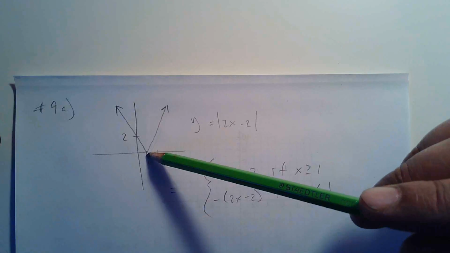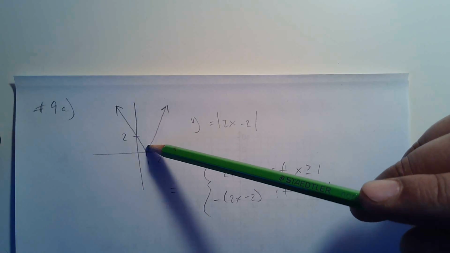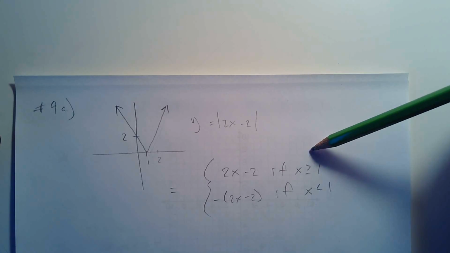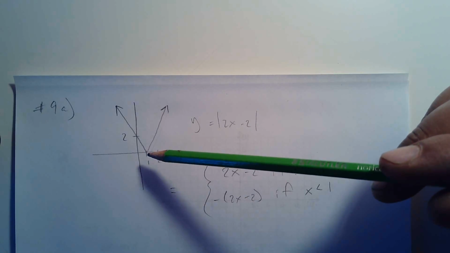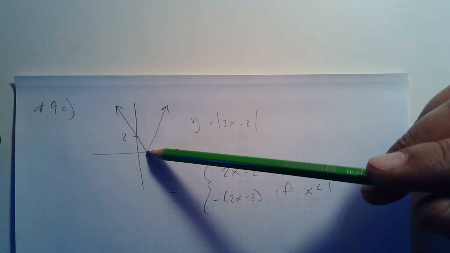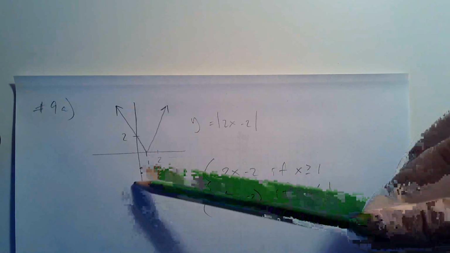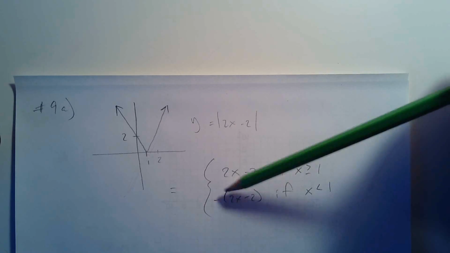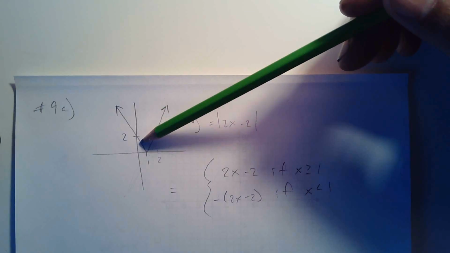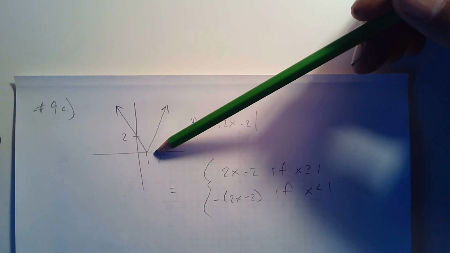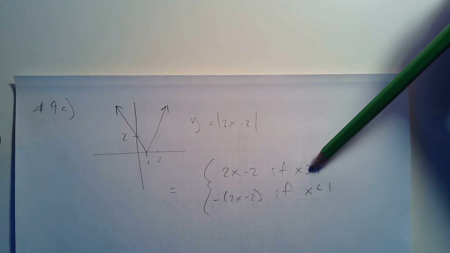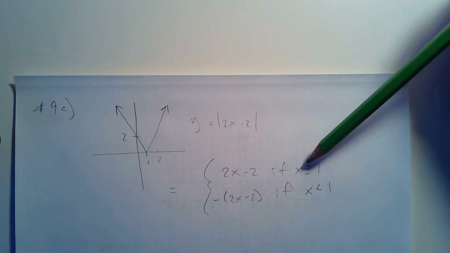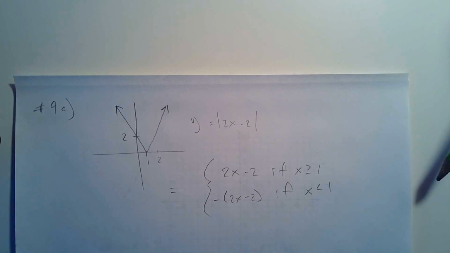So what we're saying is this part of it is valid so long as x is greater than or equal to 1, because if it's the other side, less than 1, then it actually goes down here, right? Which is not valid. And then the negative part is this part here, which exists when x is less than 1. So once you figure out the first one, the second one is just going to be the opposite. Okay, so you should be seeing that pattern for all of these.